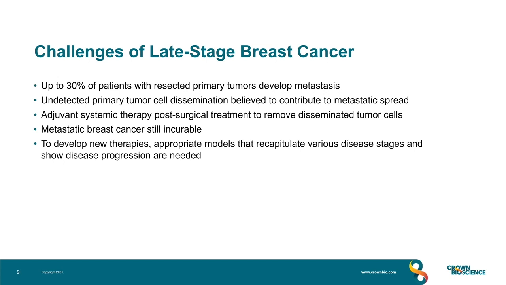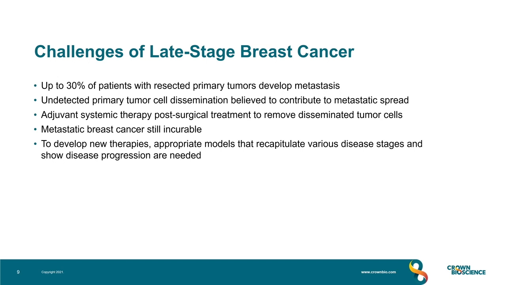Breast cancer is probably one of the cancer types that has seen the most advances in treatment, so a lot of patients can live a long time or even be cured. But there's still about 30% of patients with resected breast tumor who will develop metastasis. This is because undetected primary tumor cells disseminated into the body.